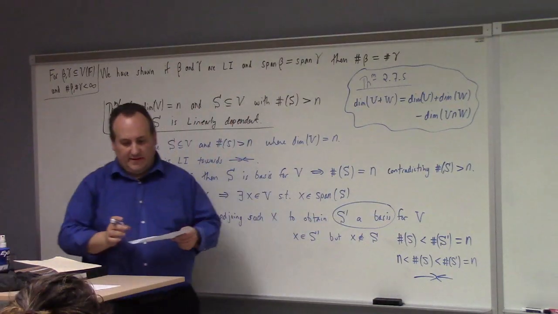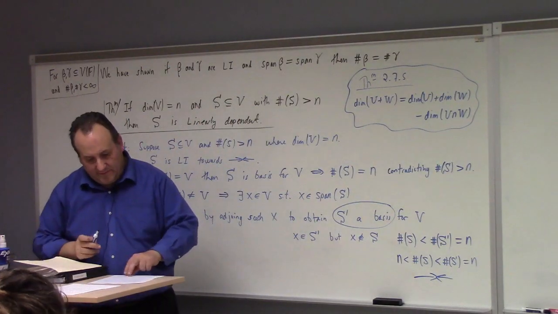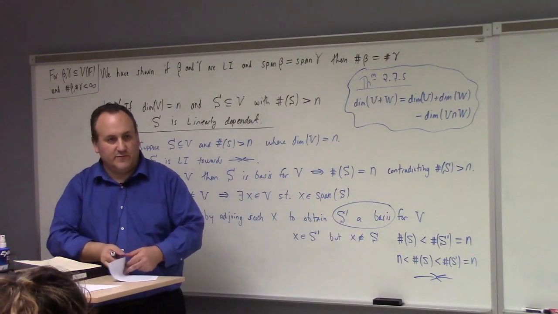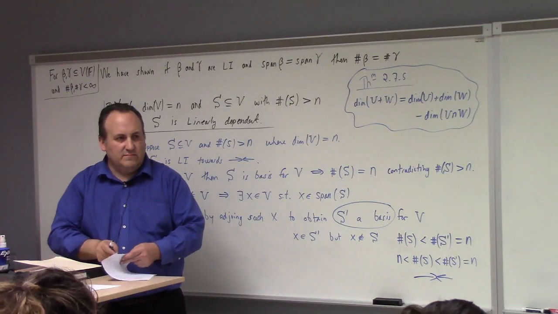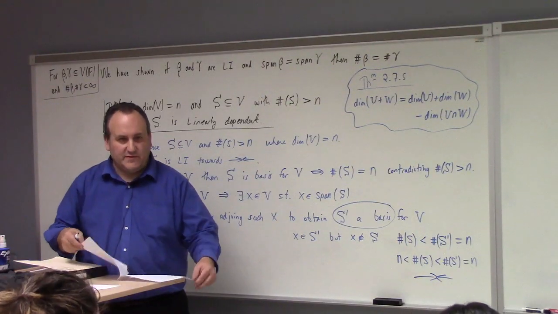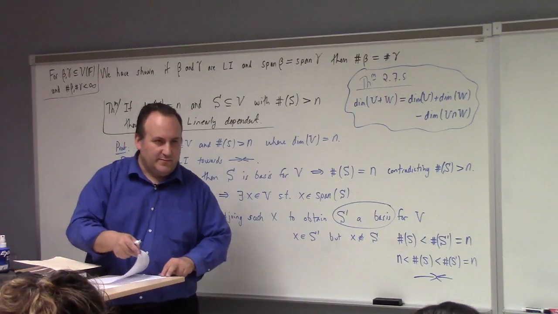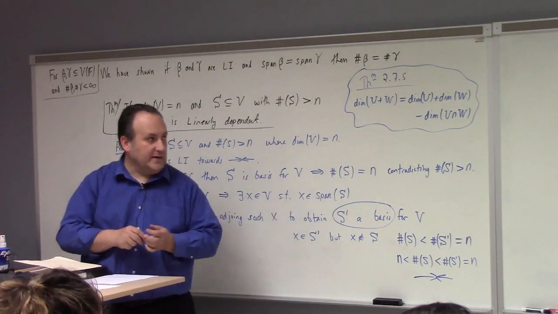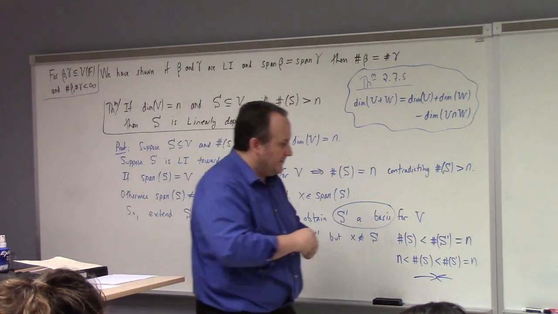You can expect a standalone video on the proof, which is given on pages 80 to 81. I think the proof is good, but it's a little bit involved, and it would eat up most of class, and I think we would be wiser to go on and cover the next material.